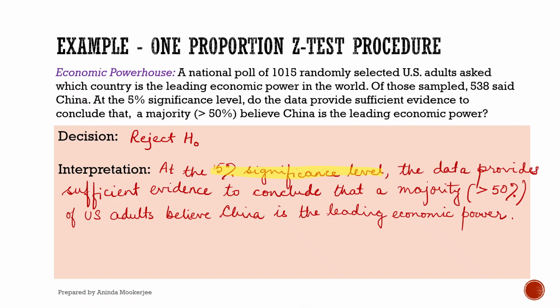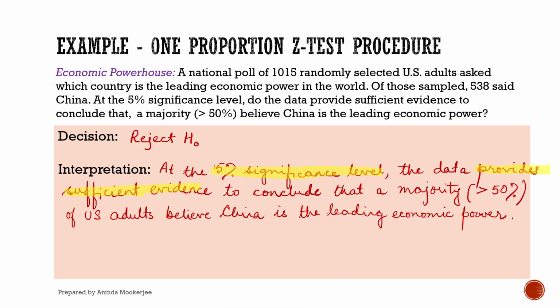You have to qualify your interpretation with the level at which you perform the test. And then if it was a reject, you are going to say the data provides sufficient evidence. If it was a do not reject, then you would say the data does not provide sufficient evidence. All right, so this is important, whether it provides evidence or doesn't provide evidence.